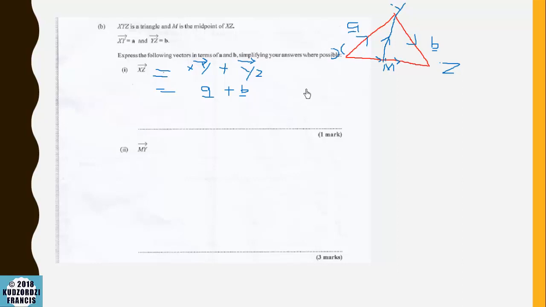So vector MY will be equal to MZ plus ZY. So this will be equal to MZ plus, we don't have ZY, but we have YZ, which is the negative of YZ.